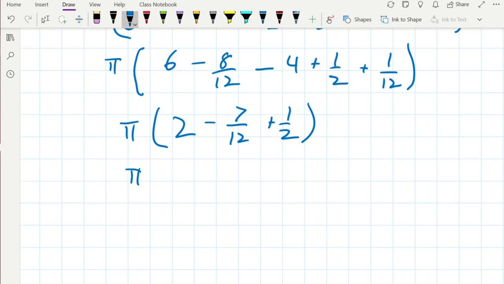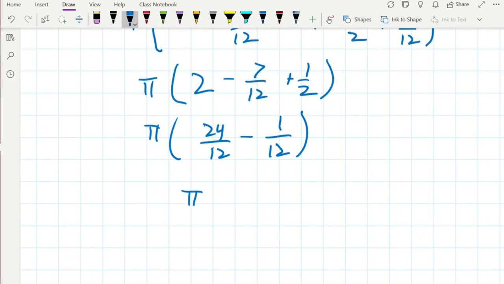We get pi, 12 times 2 is going to equal 24 over 12 minus, we'll just combine these real quick, as 1/2 will be 6 over 2, so it'll be 1 over 12. So we're going to get 23 pi over 12 should be the answer.